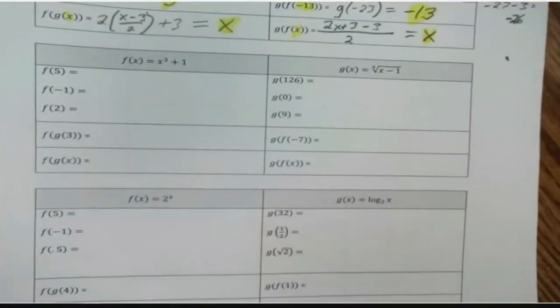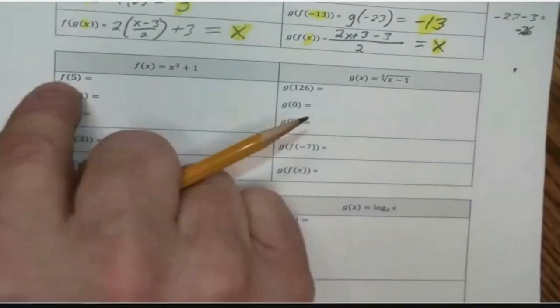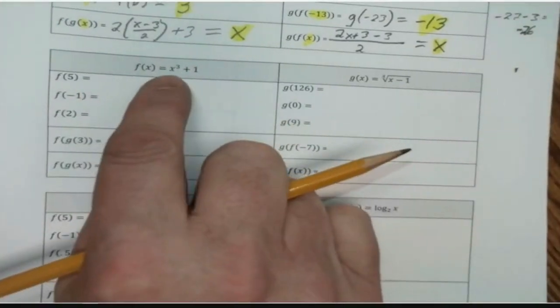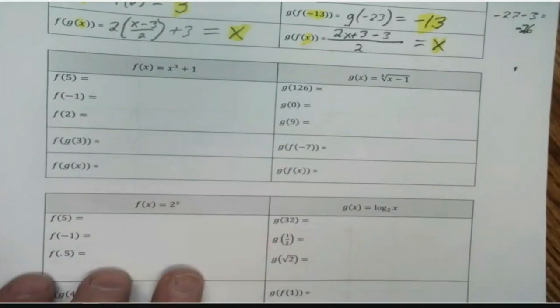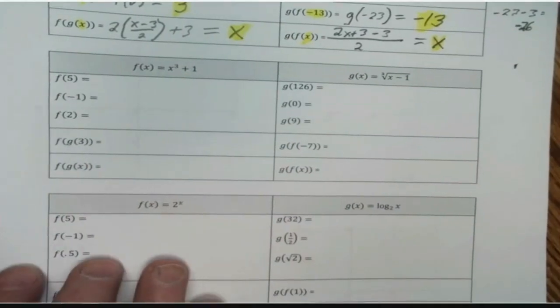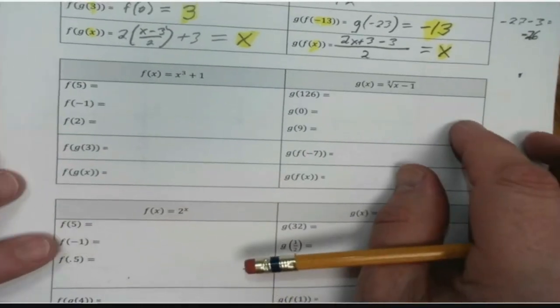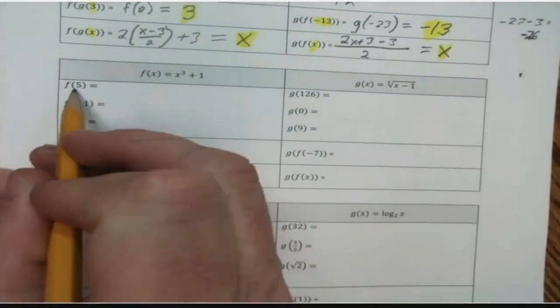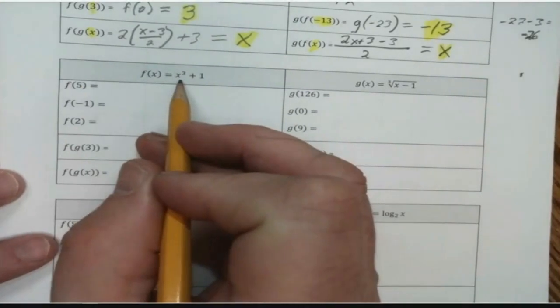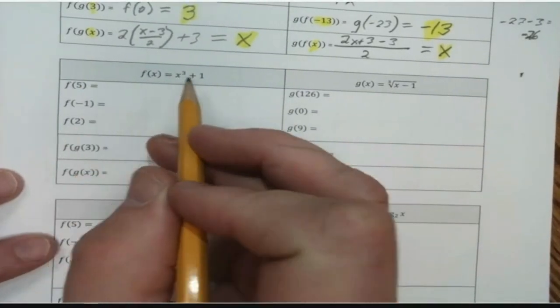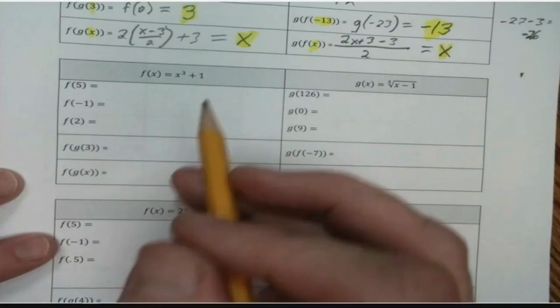All right. So f of 5 for x cubed plus 1. 5 cubed, so that's 5 times 5 times 5. And then we add 1 to that.